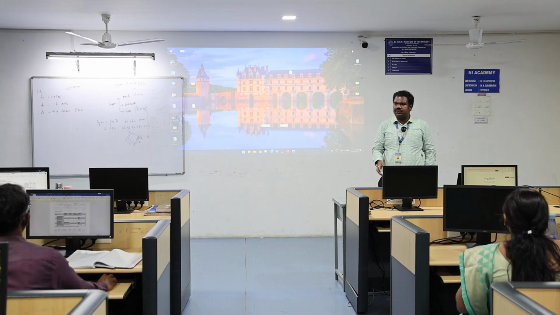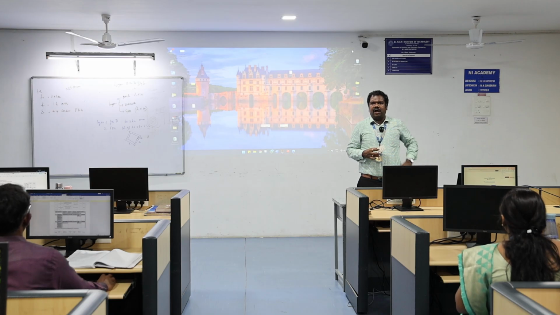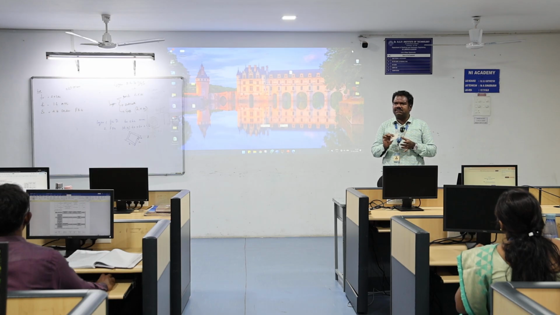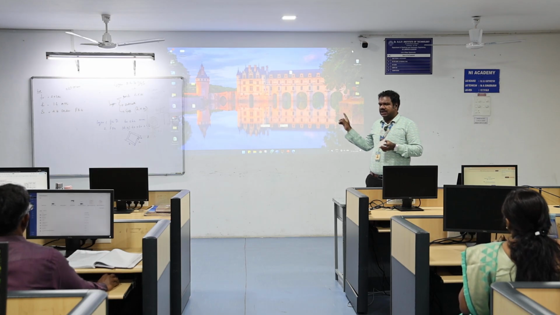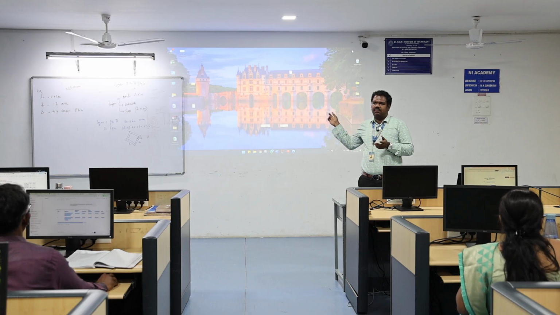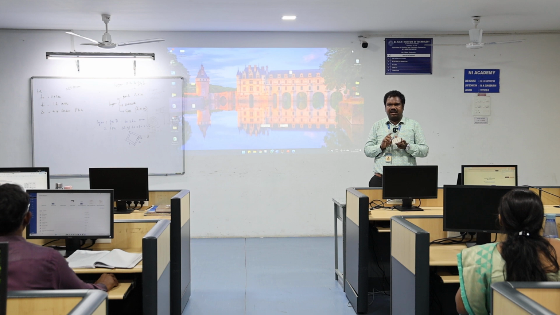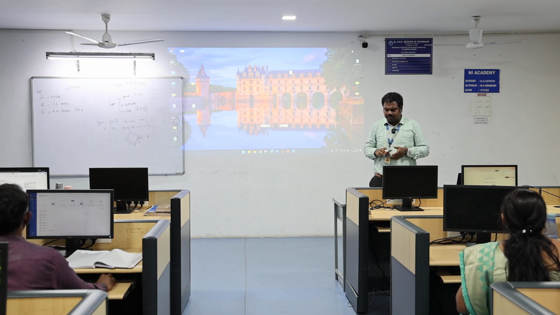After the simulation, we build the prototype. After constructing the prototype, we test it with the vector network analyzer. We find the resonant frequency, and similarly I showed the S parameter plot, which we get from the VNA, the vector network analyzer.